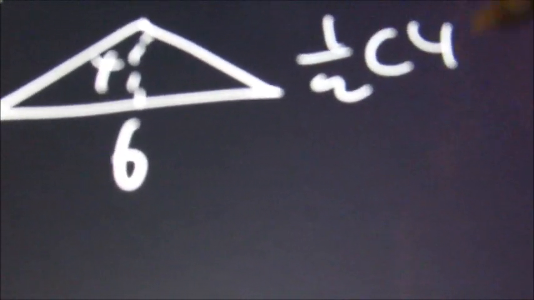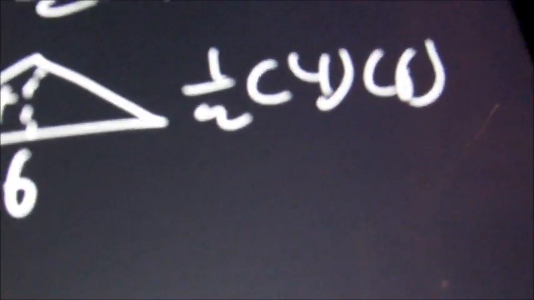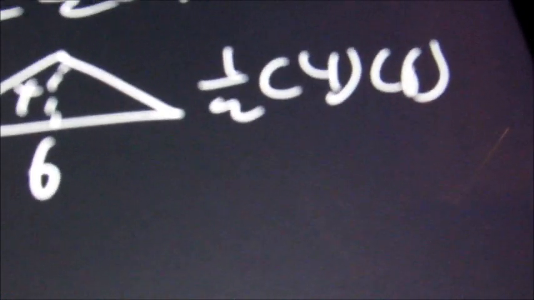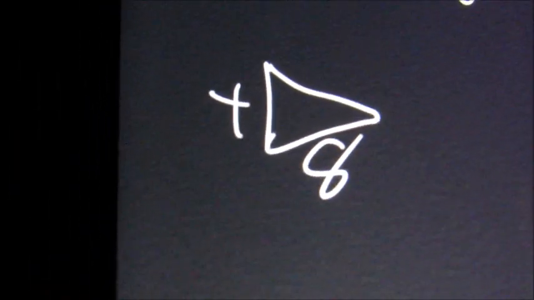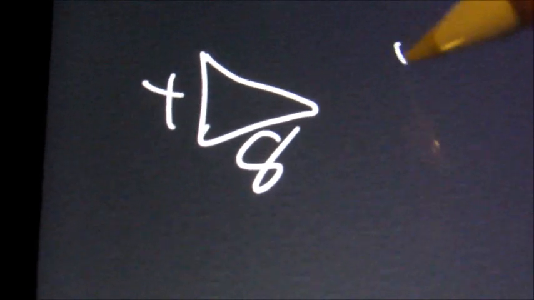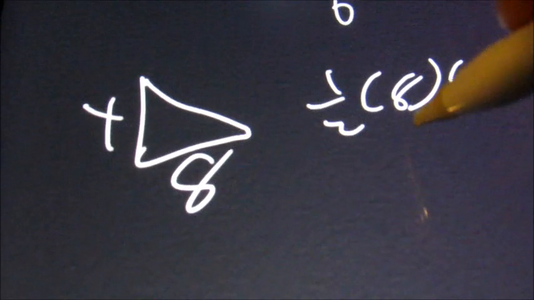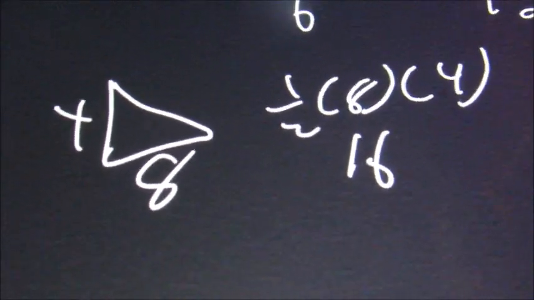So we're just going to say 1/2 times 4 times 6, or 1/2 times 6 times 4, and that's going to equal 12. Let's say that we're given a right triangle with the height 4, and the base 8. So we're just going to say 1/2 times 8 times 4, which is 16.